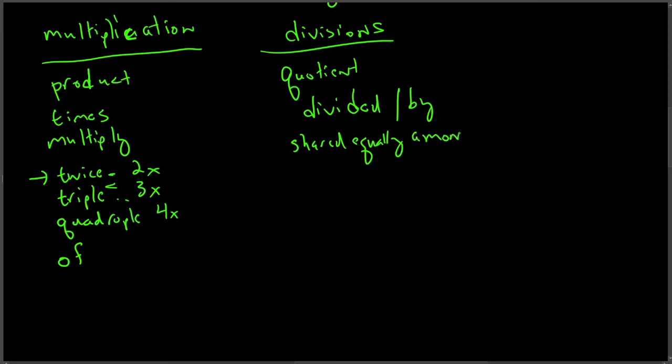If we're taking something and we're sharing it equally among. Per is a word used a lot for division. Divided into. And sometimes we'll hear 2 used, like 4 to 1 is a way of talking about a ratio, which is a form of division that we can do.